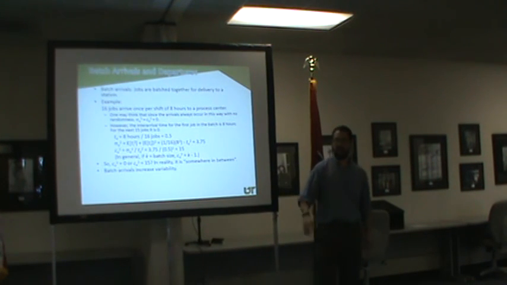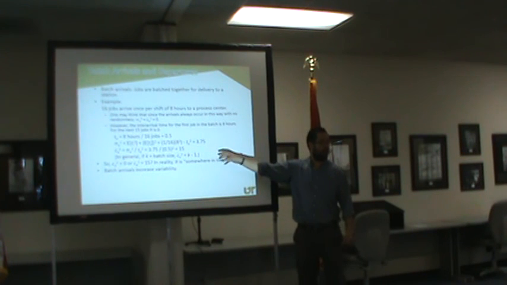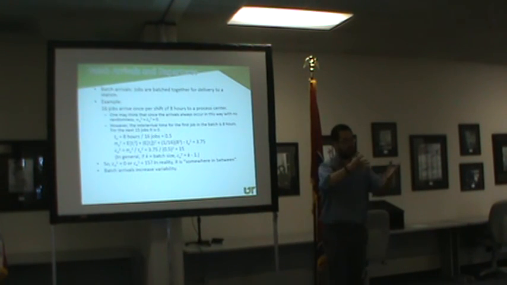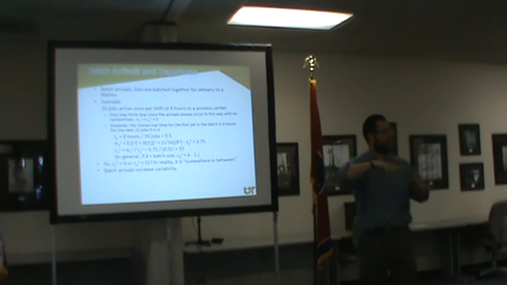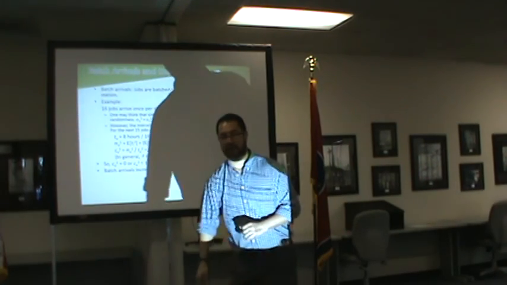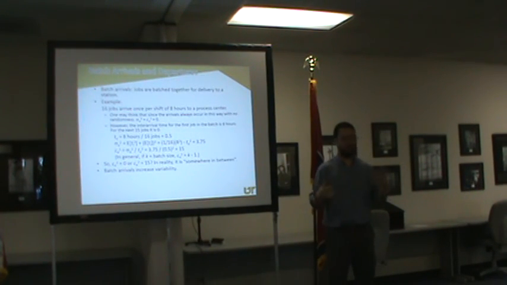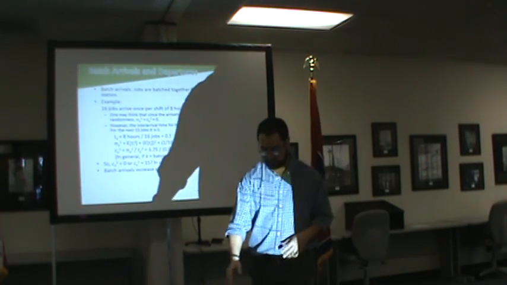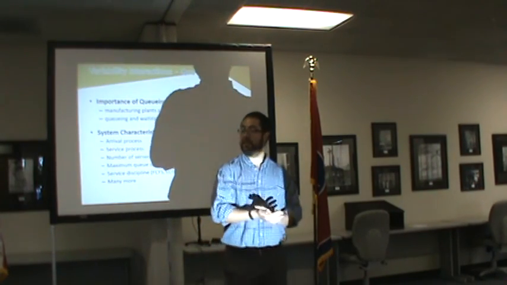So batch arrivals, the conclusion here is that the actual number, and I think in the book you can see that there's a simulation that actually calculates that and shows how batch arrivals create the effect. It's a number in between 0 and 15, but still is not 0. Okay? So that's the whole point. Batch arrivals increase variability.